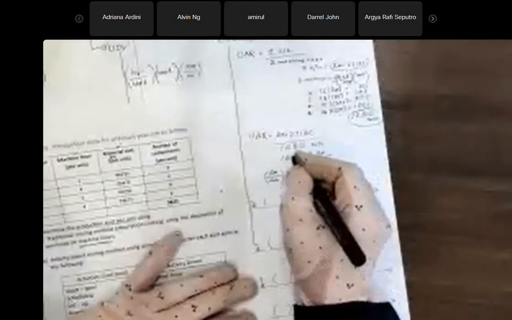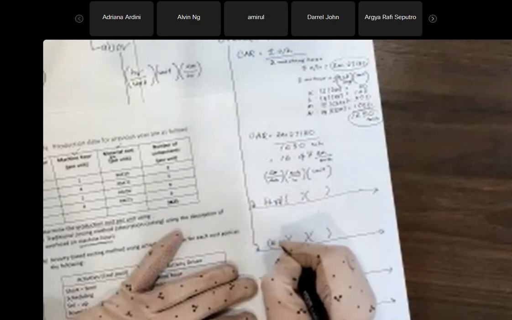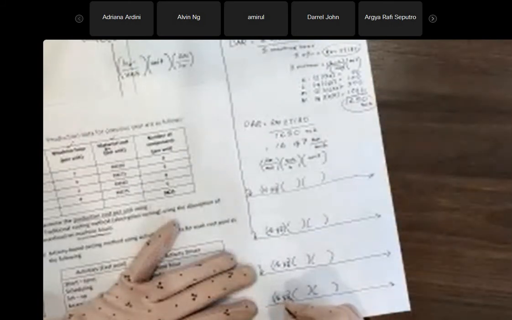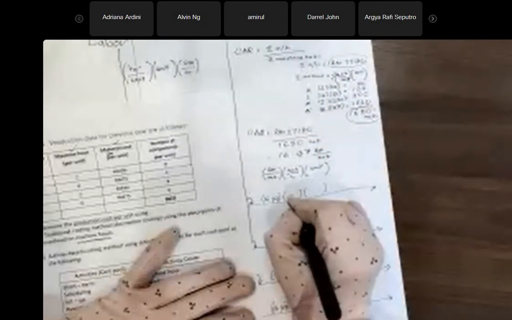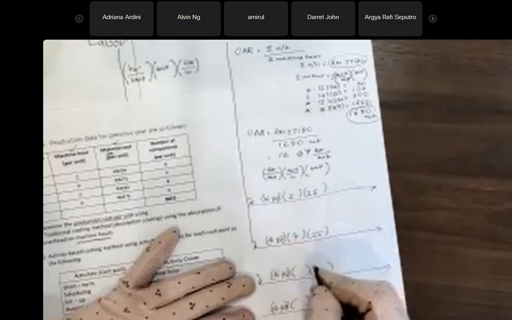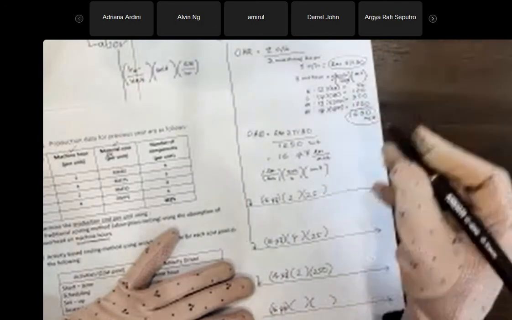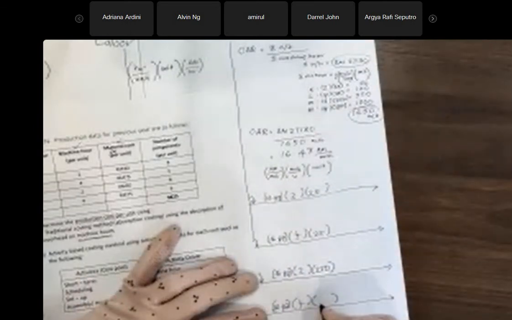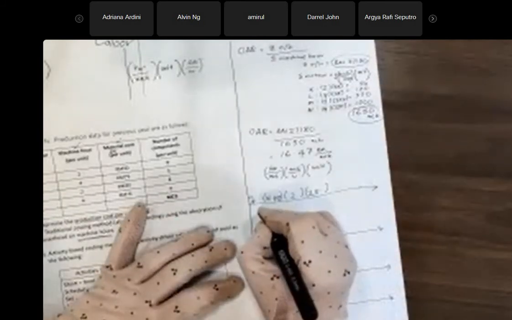What is that? 16.47. Then machine hours per unit, and units is this one, so I just copy: 225, 425, 250. You can take it directly from here, but I show you so you don't miss where these numbers come from. 4250. Okay, now just total.